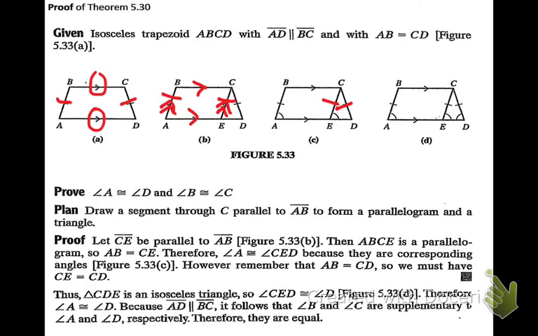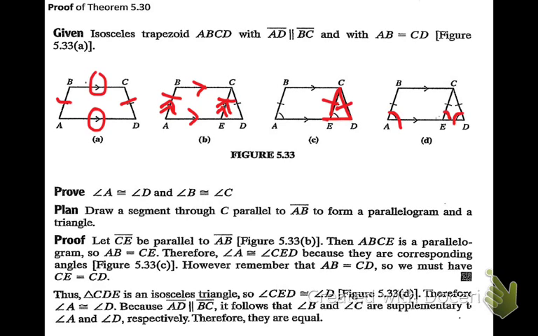So then that makes this triangle an isosceles triangle. So its base angles are congruent. So this angle is the same as that. And because of that, CED, we know that angle A, because it was an isosceles trapezoid, we knew A was congruent to D, right?